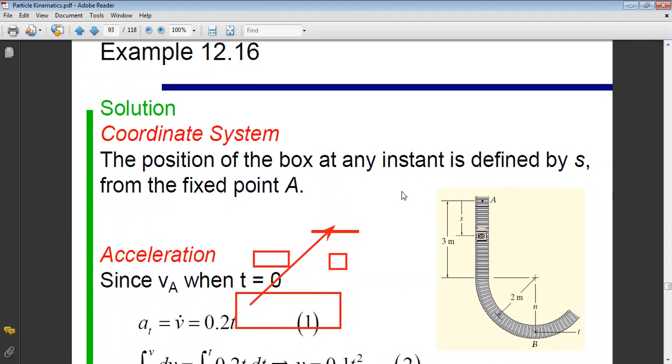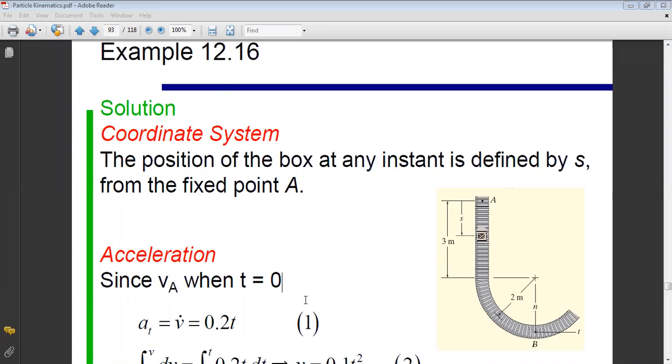So once you have tb, at point b, at is simply 0.2 times tb, okay? And in this way, we are done, because we have found an and we have found at.